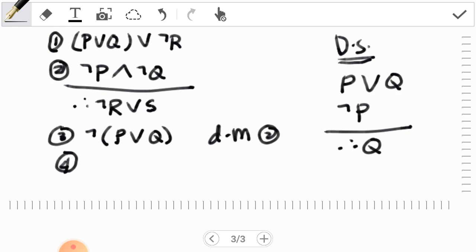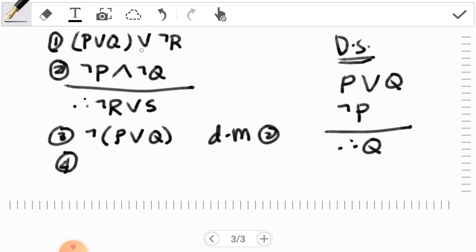If we will use the disjunctive syllogism here, the first premise, this entire thing is our P in the rule. This entire thing here, the not R, is the Q in the rule. So take note of that.